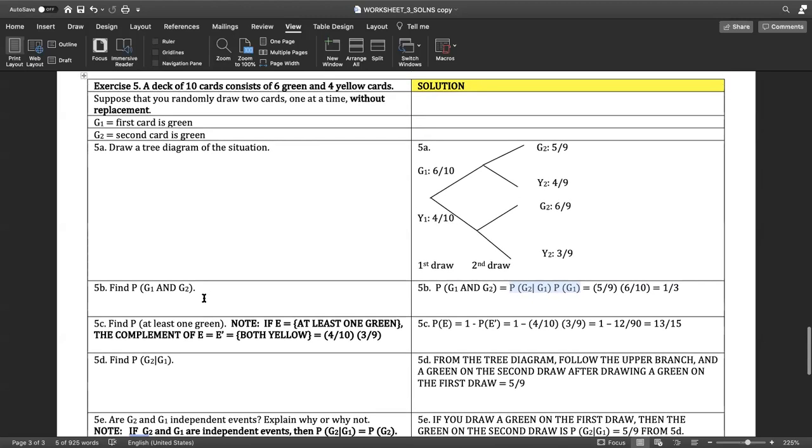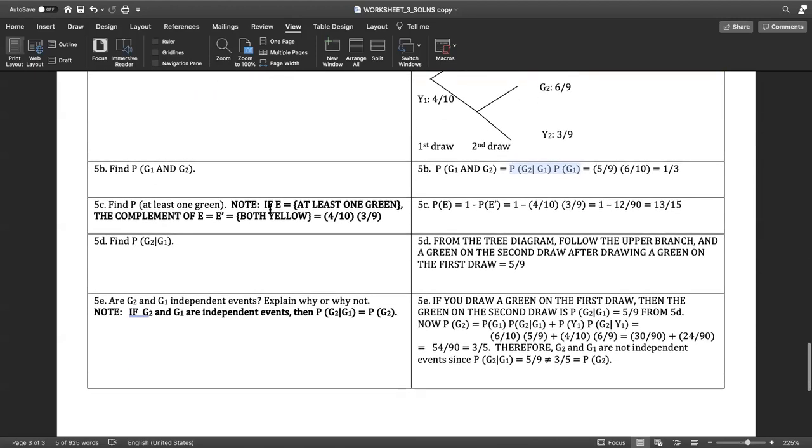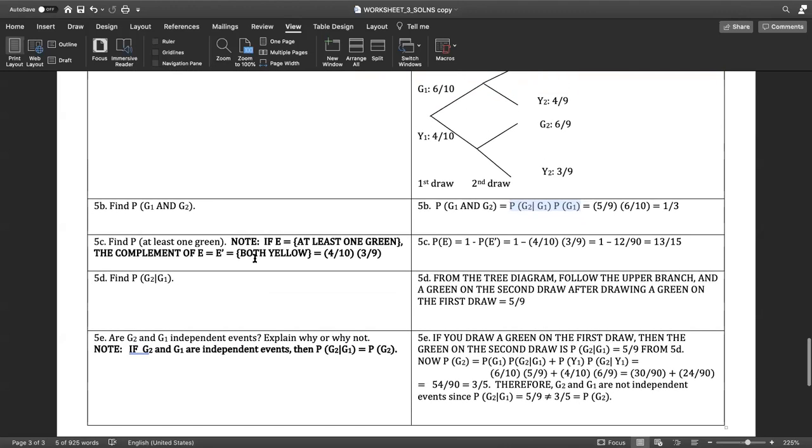Remember, you're drawing 2 cards. So what's the probability that you get a green on both draws of this situation? At least 1 green. I'm in C, not B. So the probability of at least 1 green means that you have at least 1 green in either one of your 2 draws, or in both draws, right?